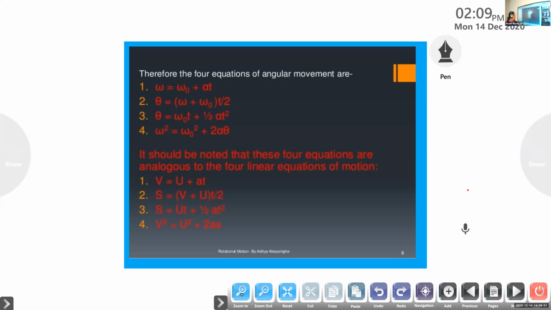Same thing we are doing. That's all. There's no difference in that. This is t. Omega 0 into t by 2. Just take a screenshot, that's enough.